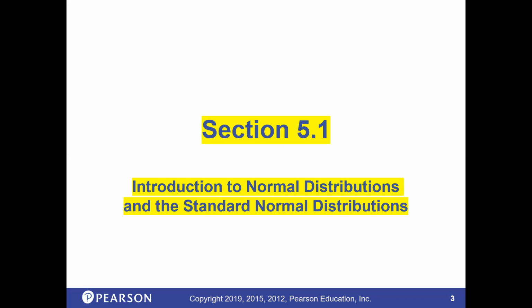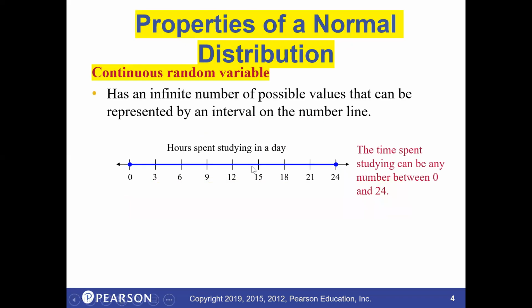All right, let's jam. So first things first, we have to think about this whole concept of a continuous random variable. The word continuous is important to us here. Continuous just means you can break stuff down into its little tiny pieces.